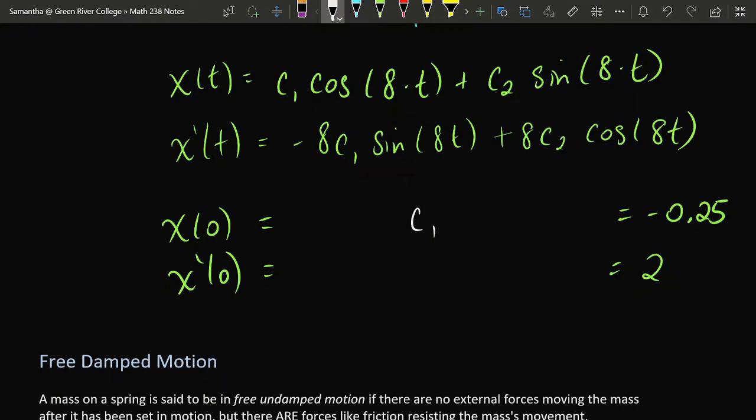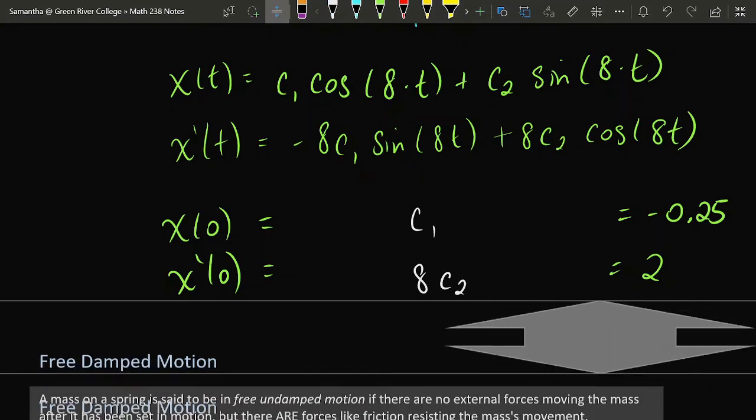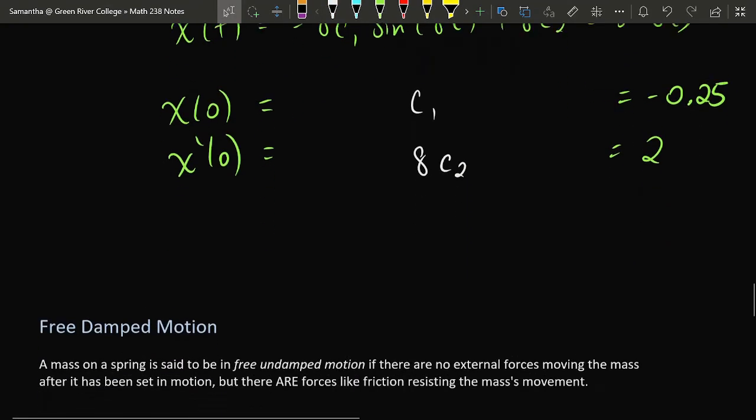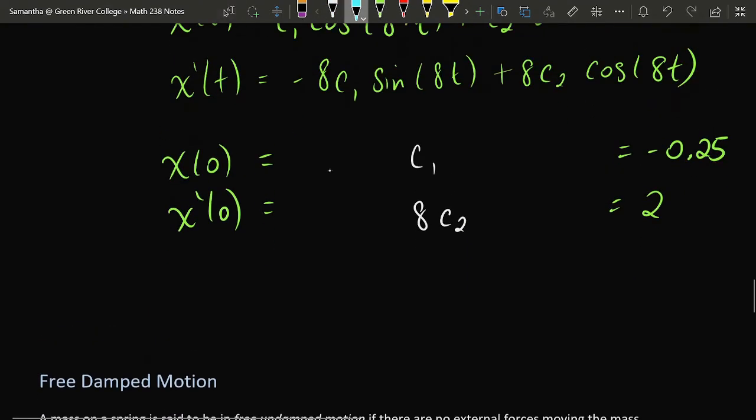If I plug 0 into x prime of t, the sine term vanishes again and I'm left with 8C2. So this implies that C1 is equal to negative 1/4 and C2 is equal to positive 1/4.